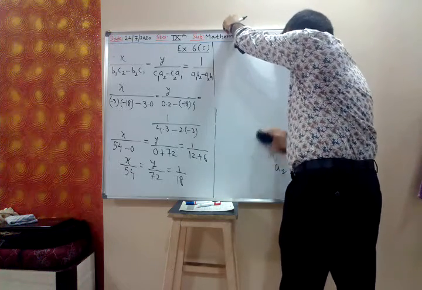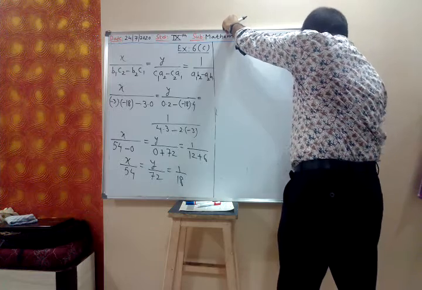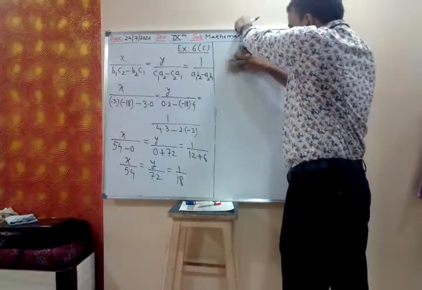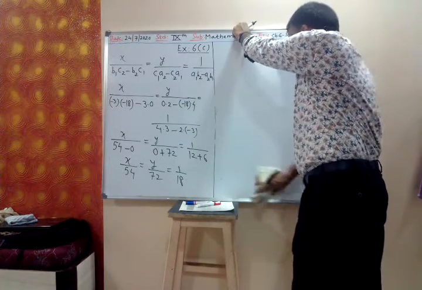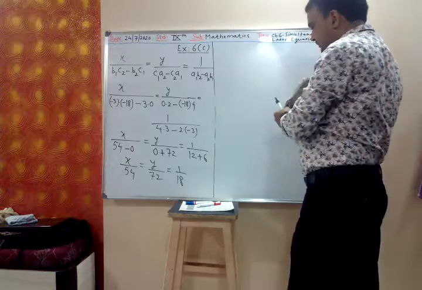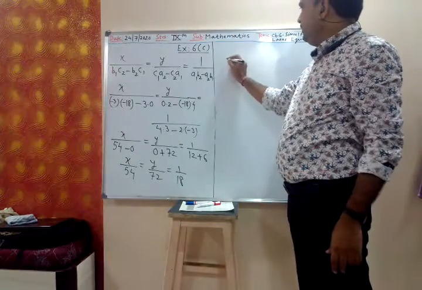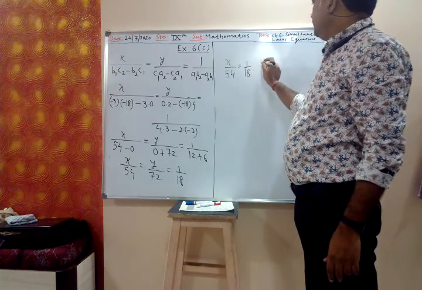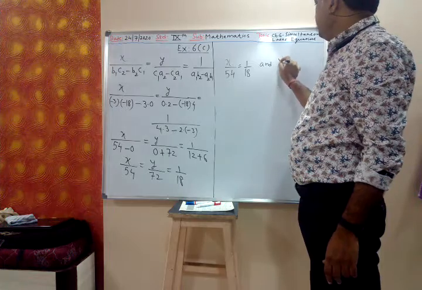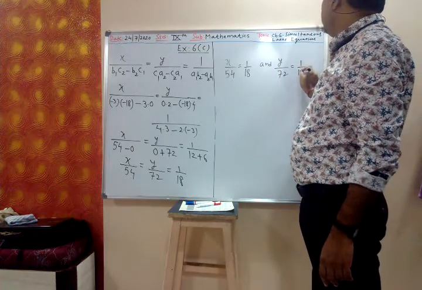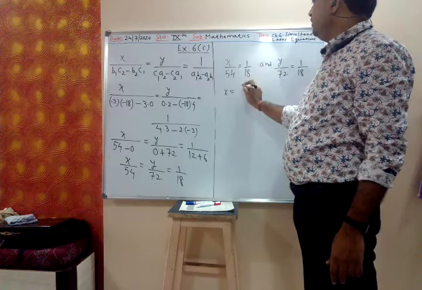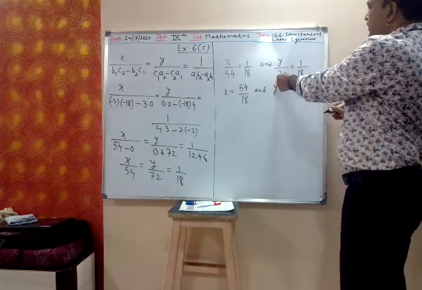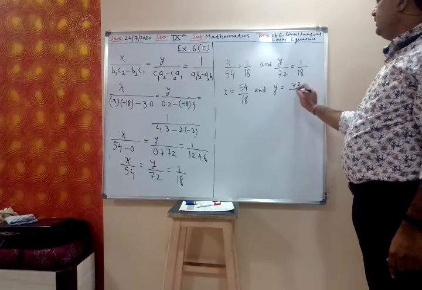So X is equal to 54 upon 18, and Y is equal to 72 upon 18.